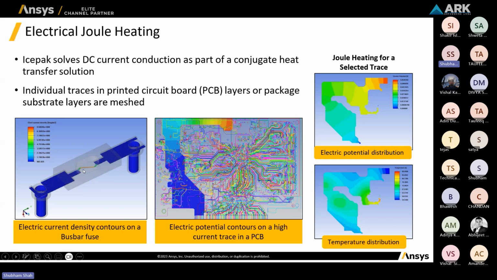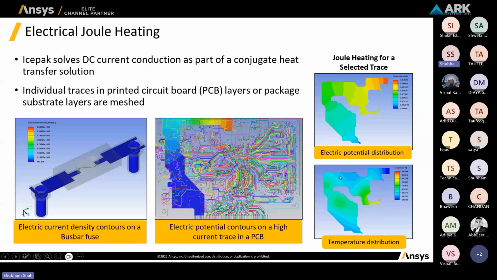Here you can see there is a fuse region, or very narrow region. You can see the current density is highest in this particular region. On the second diagram, these are the potential contours of high current traces, the regions where high current is flowing on the traces.